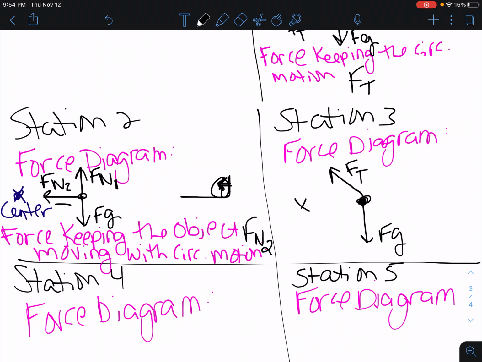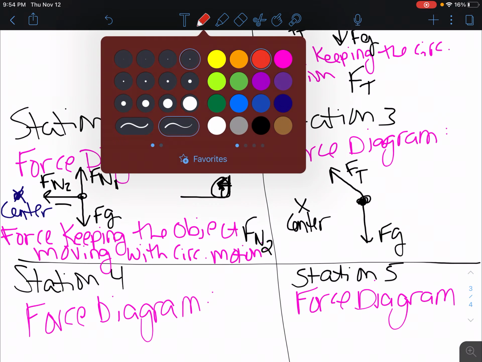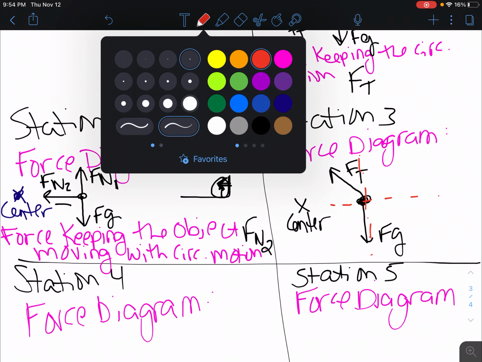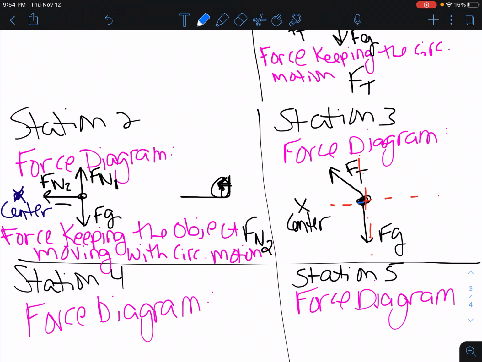The center of my circle is over here. So if I were to do some axes here, parallel and perpendicular to the ground, so our ground for this one is the floor, I can see that I have those dreaded angles.